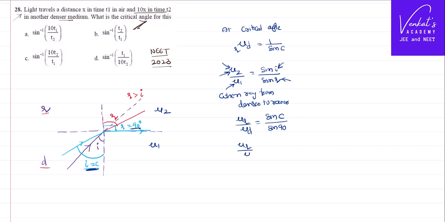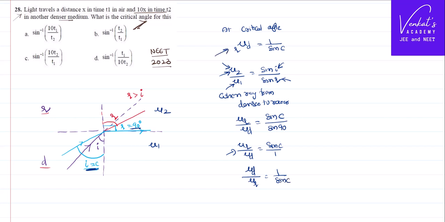So mu rarer by mu denser is sin c by sin 90, which is 1 by... sin c. But mu rarer is always less than mu denser, so mu rarer by mu denser will be a value less than 1, which is not a standard reference for refractive index. So we write it in reverse: mu denser by mu rarer equals 1 by sin c.